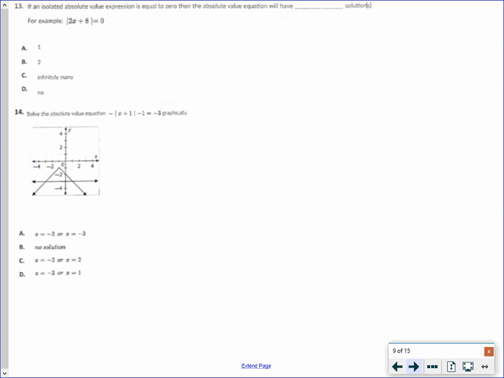Number 13: if an isolated absolute value expression is equal to 0, then the absolute value equation will have blank solutions. So we're asked how many solutions we can have if we have, for instance, the absolute value of 2x plus 8 equals 0. In this case, we can only have 1, since 0 is neither positive nor negative.